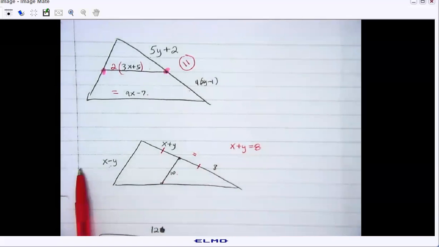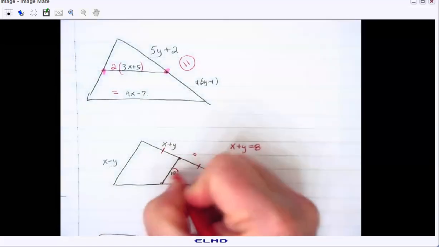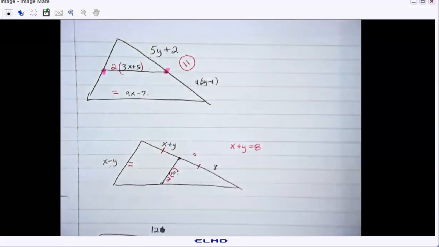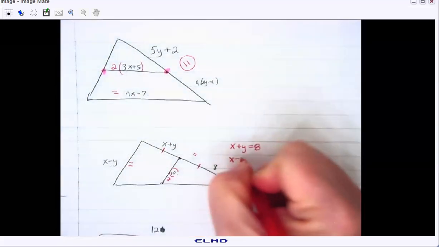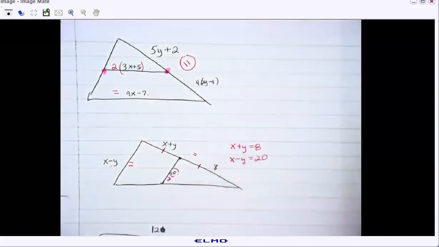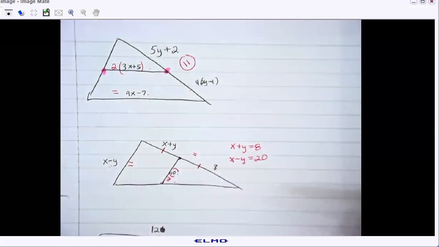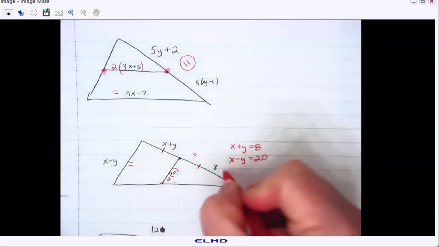Yes, very good. Takes two. So it takes two of these to equal that. So x minus y has to equal 20 because it takes two of these to equal the bottom or the third side. Okay, so that becomes our system of equations.